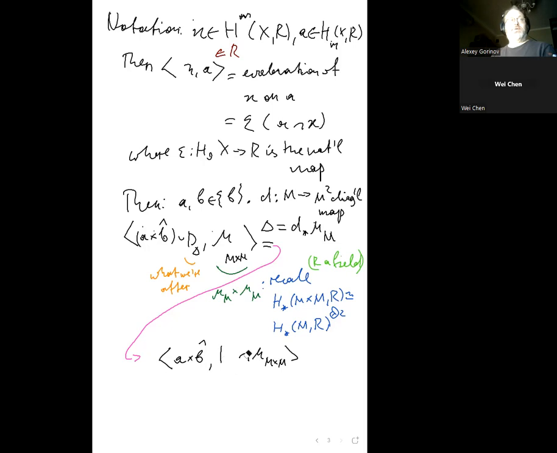There's a problem here. The product is in the wrong order. It's mu M squared cap d delta. Okay. And it looks to me that no extra sign is necessary in this formula.